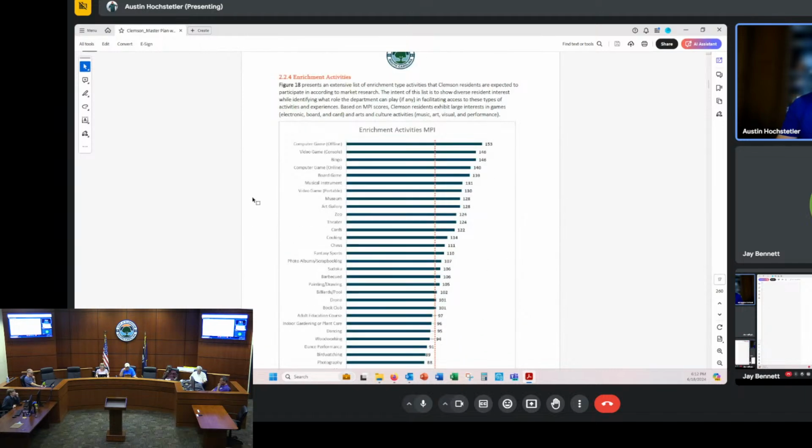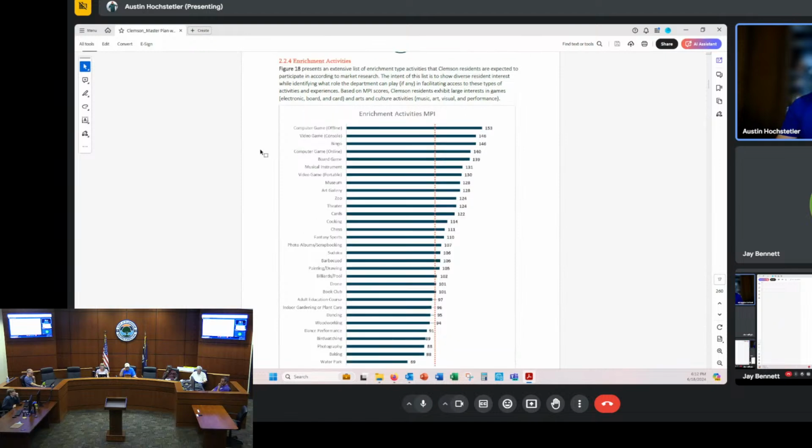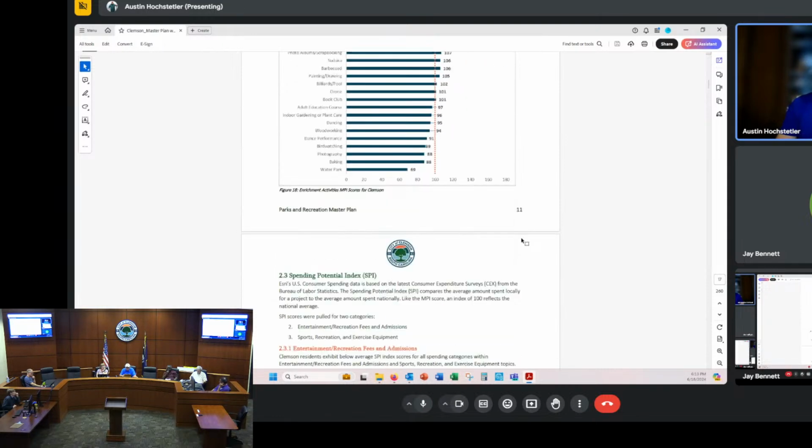And then enrichment activities is basically a laundry list of different activities that, not saying they're parks and recreation related, but it gives you an idea that Clemson residents exhibit large interest in games and arts and culture activities, music, art, visual performance. It's a little bit of a different summary of activities to give you a little more direction on the community at large.